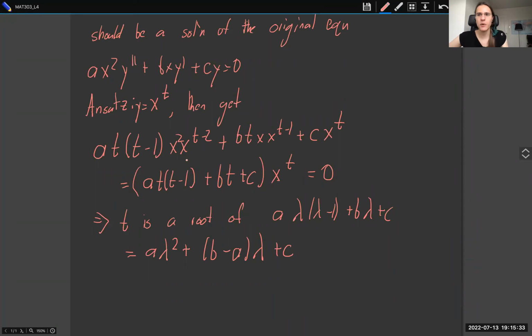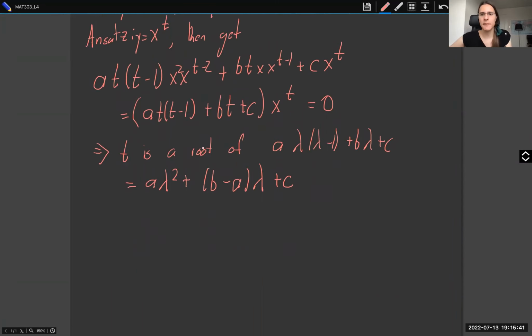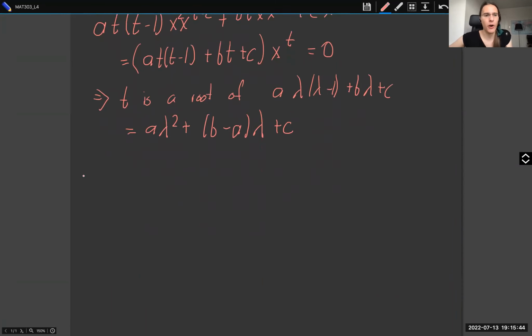Okay, so the question is, well, what happens if we have double roots? Or what happens if we have complex roots for that matter? Well, let's do double roots first. And let's do the same L'Hopital approach that we had before.